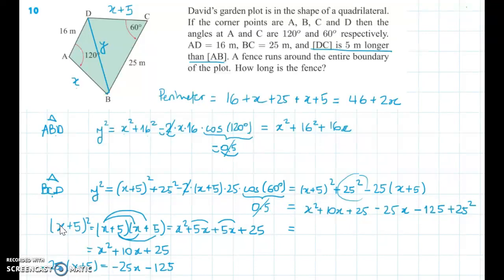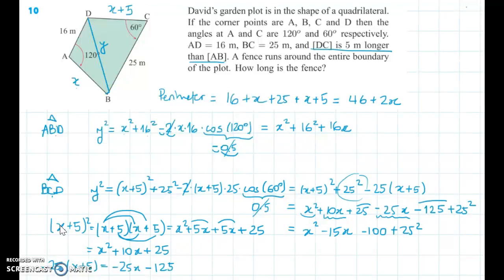So this is collecting like terms. We have x squared is the only term in x squared. We have plus 10x and minus 25x, so that's minus 15x. And then this is plus 25 and minus 125, that's minus 100 plus 25 squared. Notice that I'm just not doing the work with the calculator yet. I'll do it all together at the end. For now, I just wrote what those two equations are.